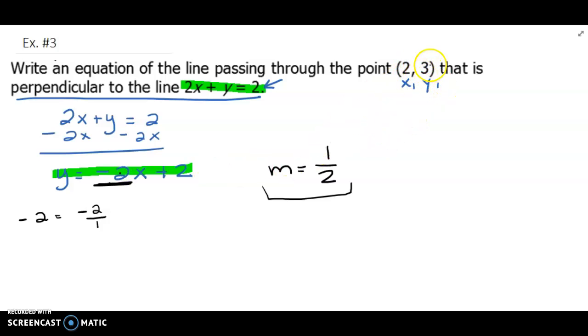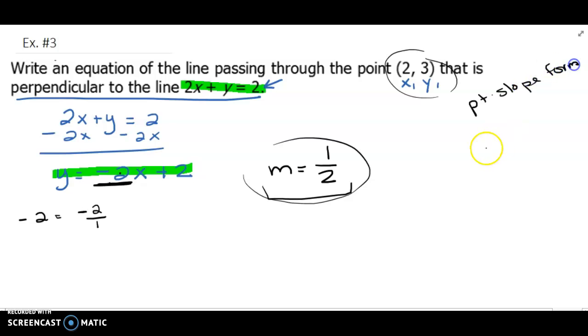So once again, I have a point, I have a slope, so I'm going to use point slope form, which is y minus y1 equals m, in parentheses, x minus x1. And then I'm just going to plug it in.